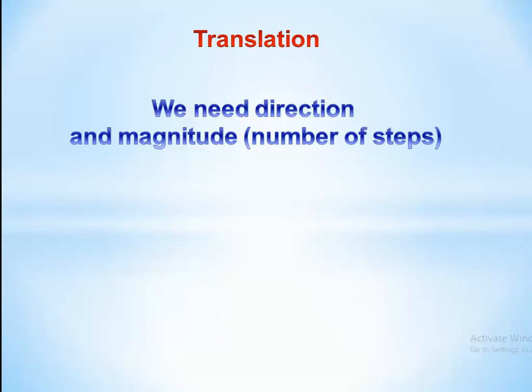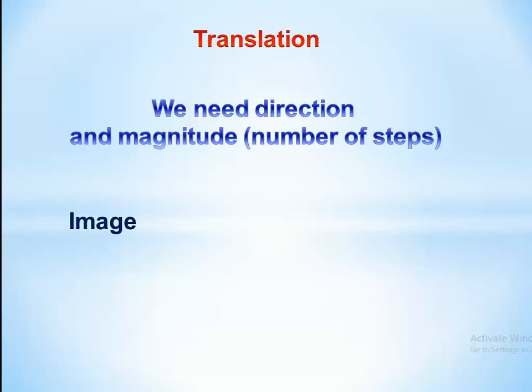I told you about the direction and the number of steps. Okay, I told you to move to the left 3 steps, so you will move 3 steps to the left. Direction and magnitude.